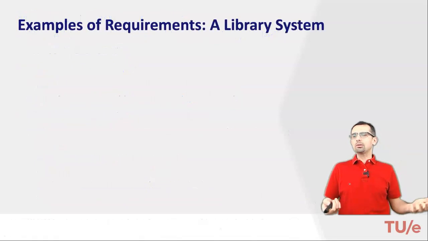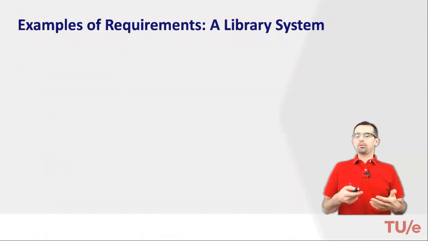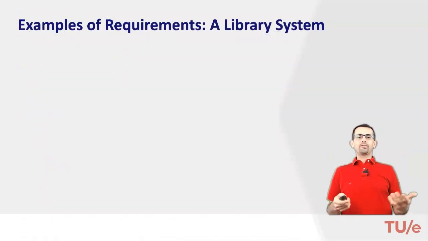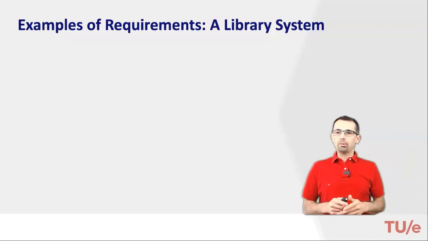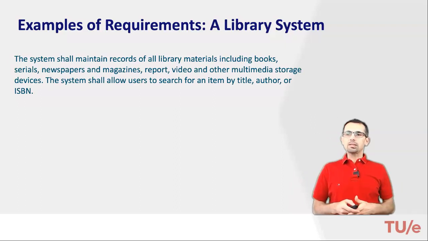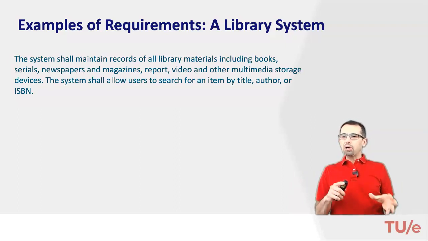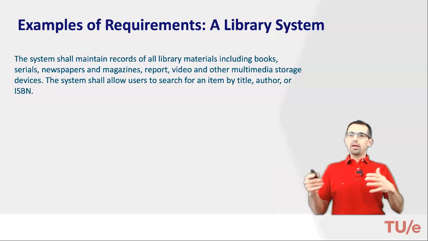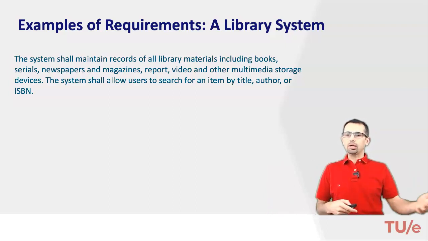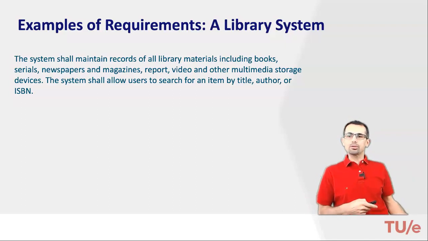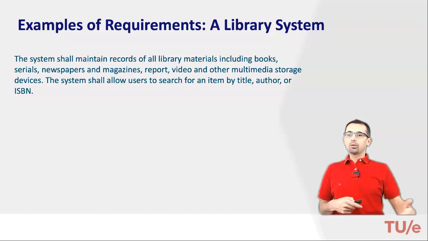So let's talk about examples of requirements, because all these definitions might be a little bit philosophical. We have to look at some examples to make it clear to everyone. Example of a library system. This is rather long. The system shall maintain records of all library materials, including books, serials, newspapers, and so on. The system shall allow users to search for an item by title, author, and ISBN.